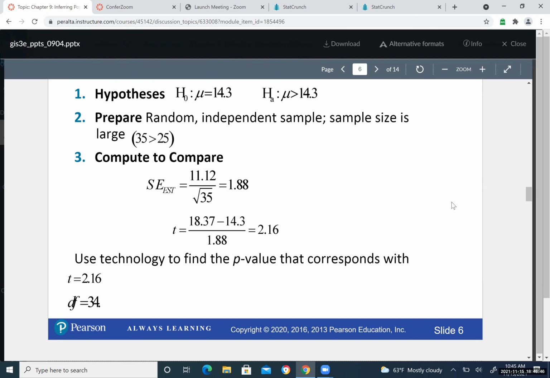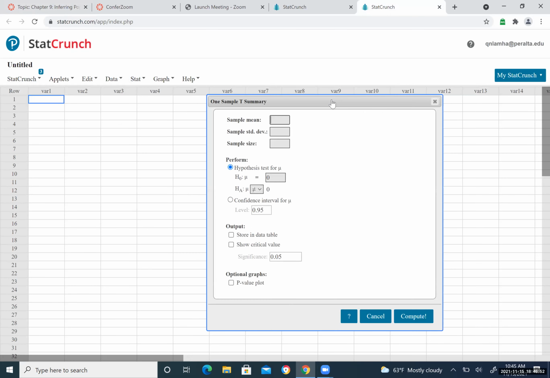We have the sample mean is 18.37. I type in 18.37. Sample standard deviation, I have 11.12. Sample size, we have 35.